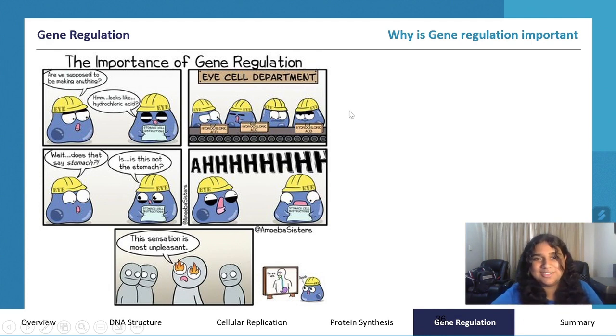So the eye cell department is completely producing hydrochloric acid when this is supposed to be for the stomach cell. The eye cell gets confused because it doesn't think that it's on the stomach and ends up burning the eyes of the human. So gene regulation is really important so it doesn't create proteins that don't need to be in locations that they don't need to be in.